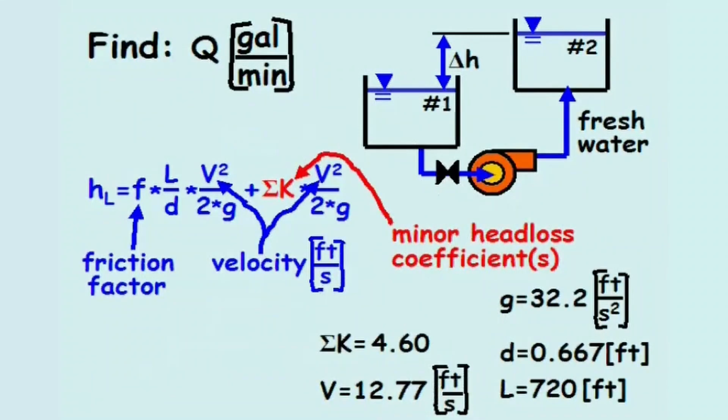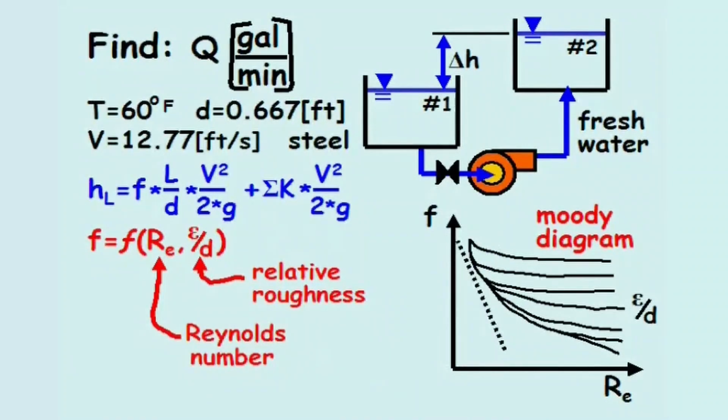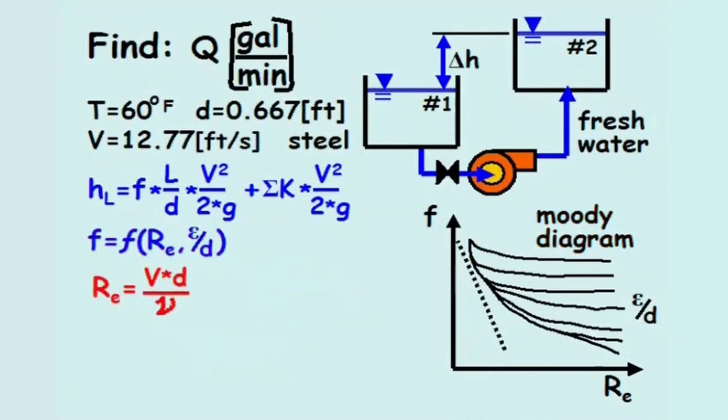The last variable to solve for is the friction factor, f. The friction factor is determined using Reynolds number, the relative roughness, and the Moody diagram. Reynolds number equals the velocity times the diameter divided by the kinematic viscosity.